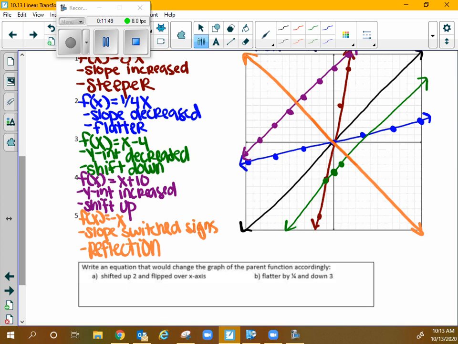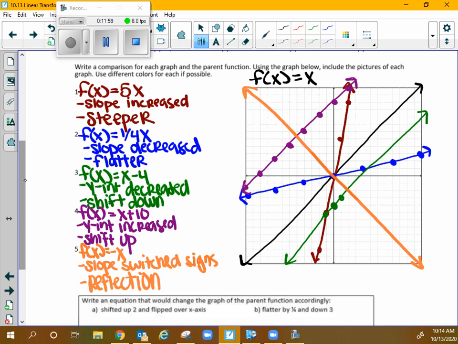Okay, so each one of these is one single transformation. If your slope increased, that's one transformation. If your y-intercept changes, that's one transformation. If the sign of the slope switches, that's a single transformation.